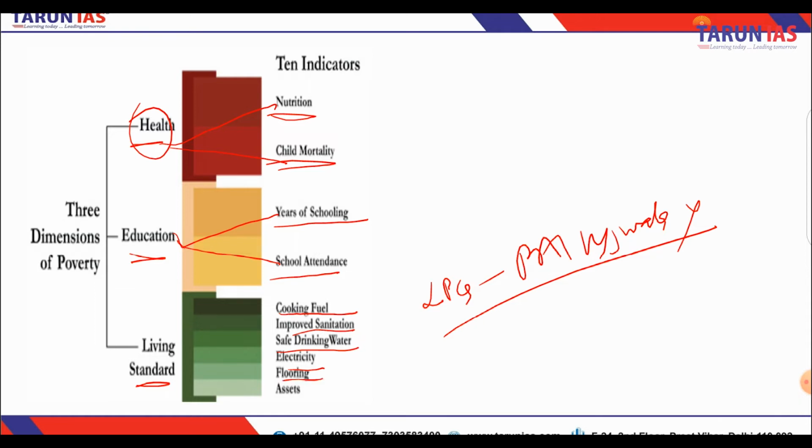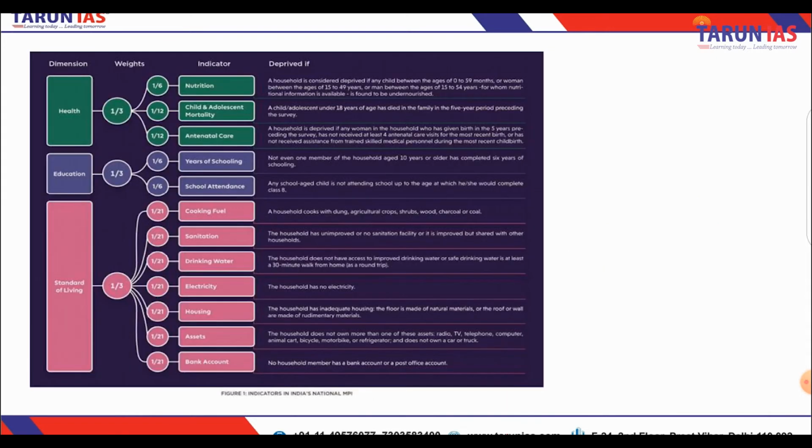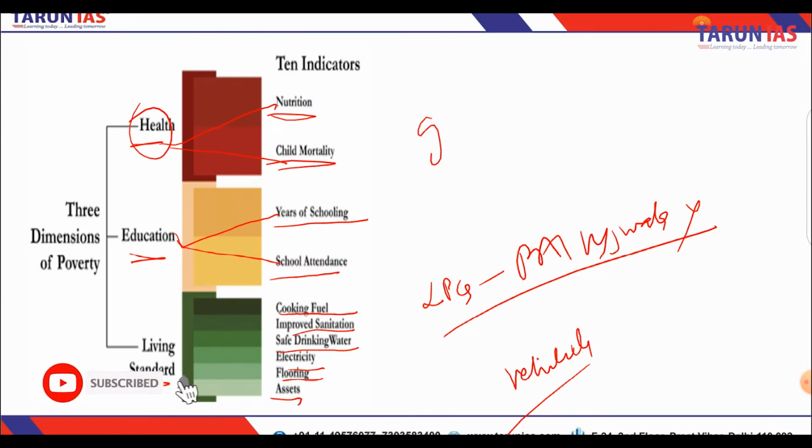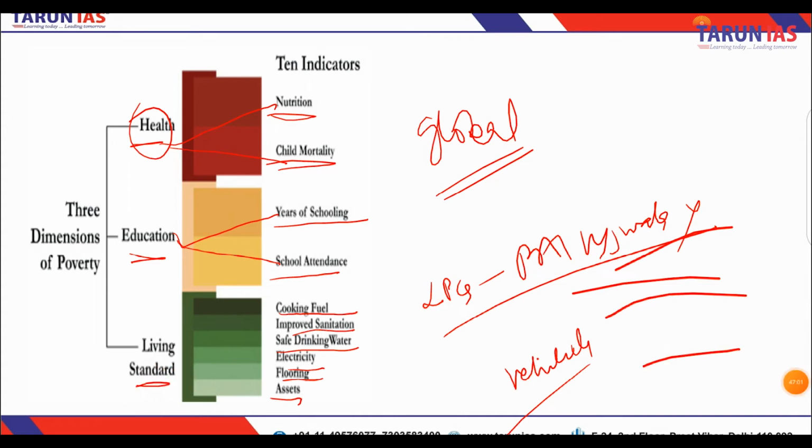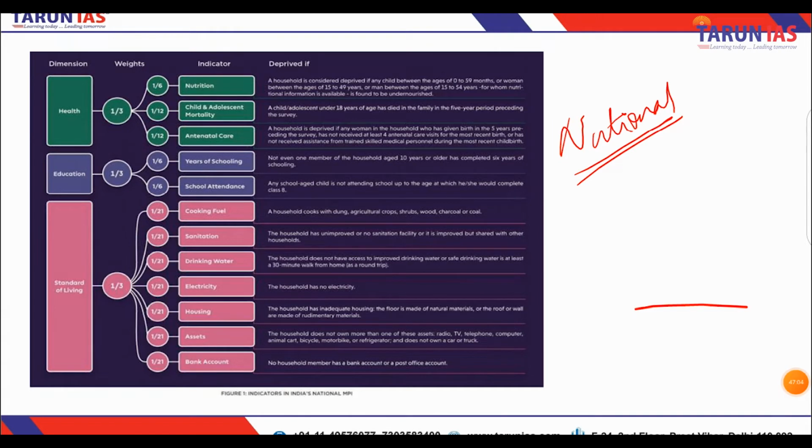Flooring, PM Awas Yojana, Gramin and Urban. Assets means having a vehicle. These are the dimensions or indicators which the Global Multidimensional Poverty Index uses, and this is for the national one. In the national index we have health, education and standard of living.